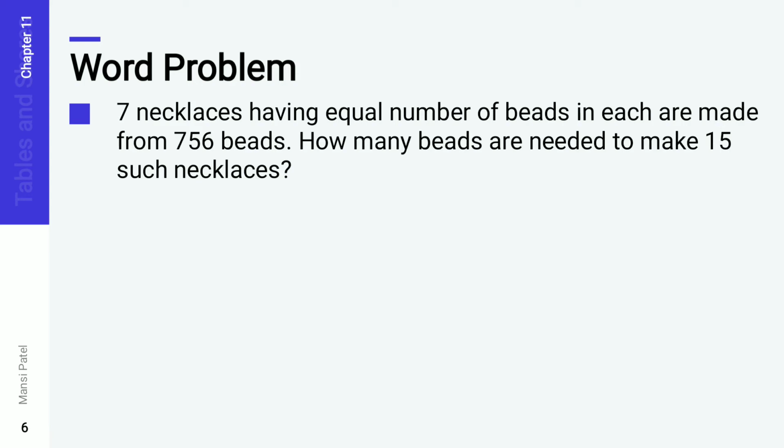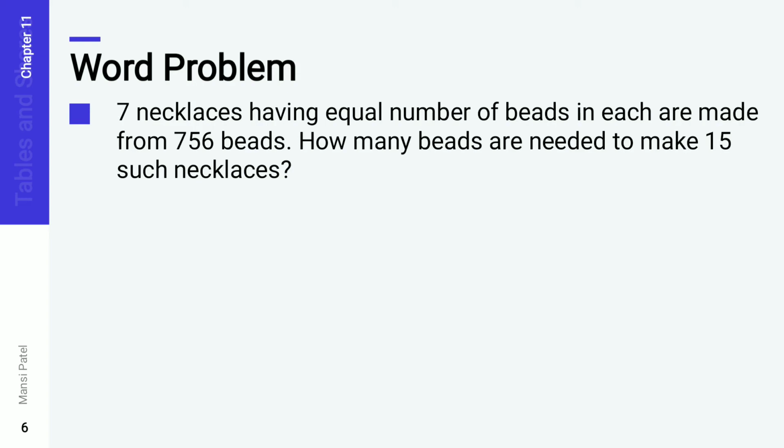Here they gave the total number of beads. The total number of beads is 756. Now they are distributing the 756 beads in such a way that in all the 7 necklaces, the number of beads is the same.